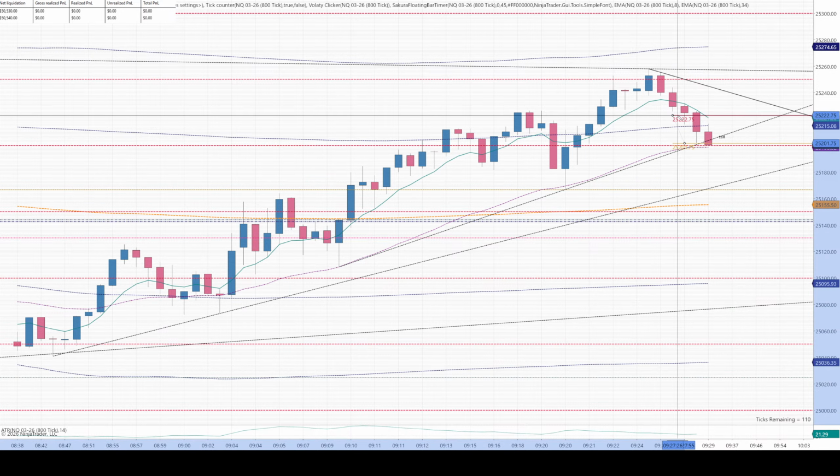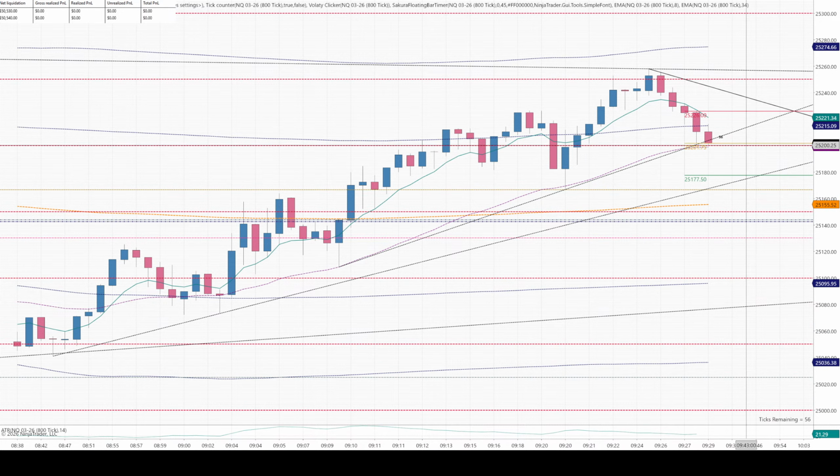Okay, we just triggered this bearish signal here, but it's right at 200, which could be an area of support.